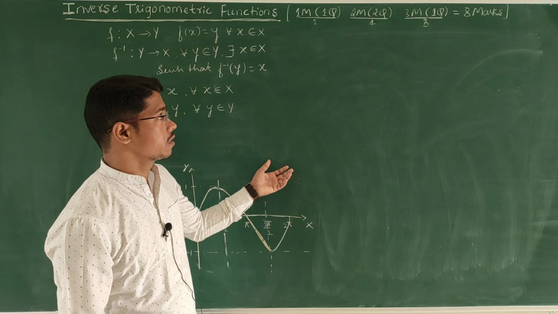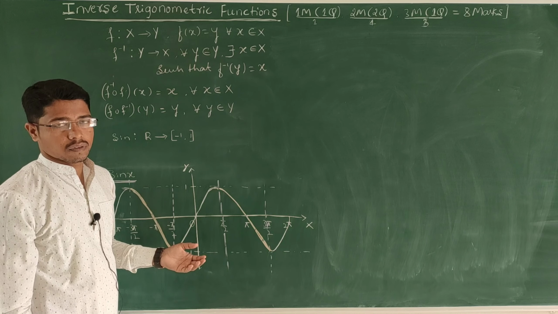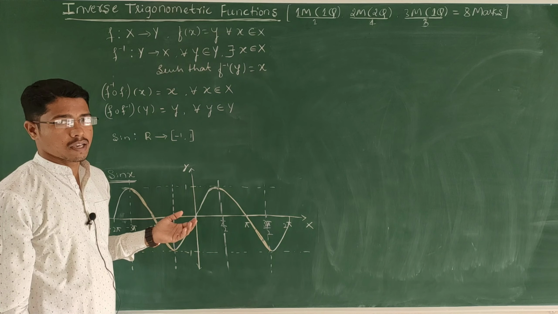We know all trigonometric functions are periodic, and periodic functions are not invertible because they are not one-one and onto. Therefore, to have the inverse of trigonometric functions, we will restrict their domain and range to make them bijective.